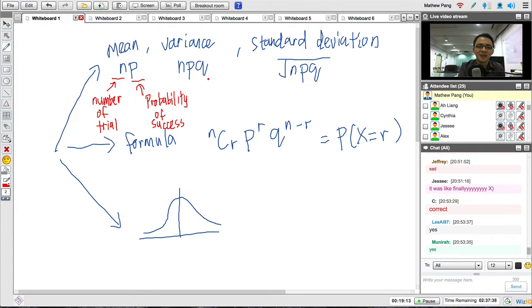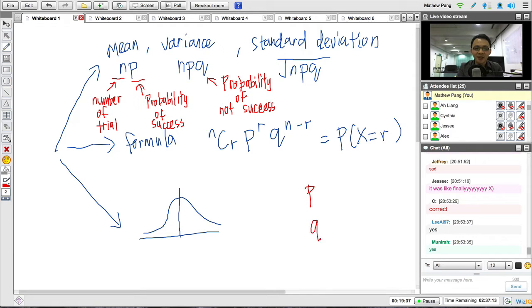Of course, Q is the probability of not success.